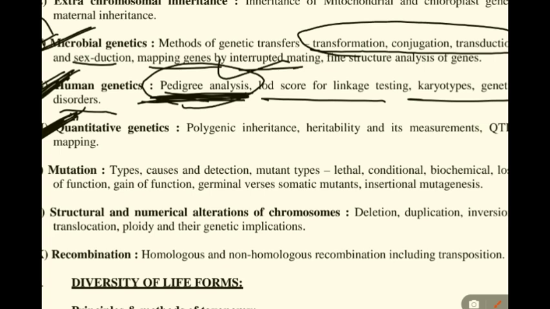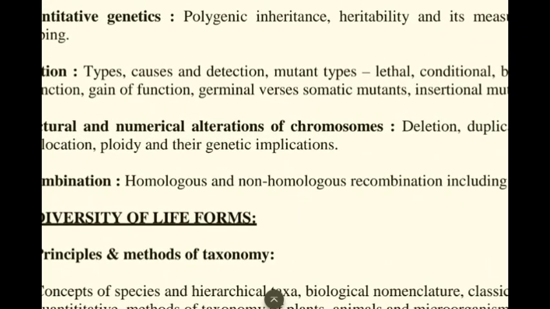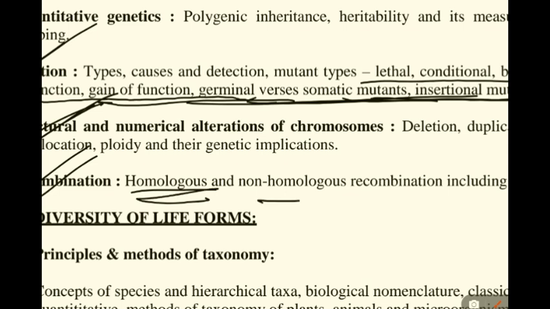We will be applying Mendelian principles to solve this, about various types of mutations: lethal, conditional, gain of function mutation, loss of function mutation, somatic mutation, all those things. Then structural and numerical alteration, that is chromosomal aberrations, recombination, homologous and non-homologous recombination, all these things we will be studying.